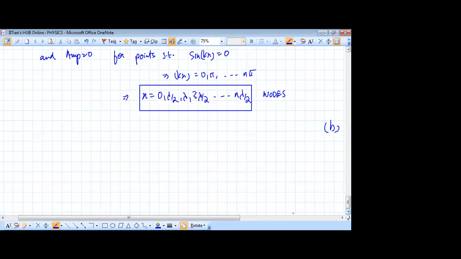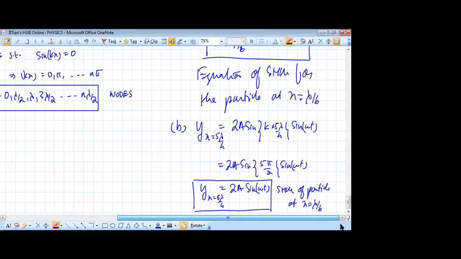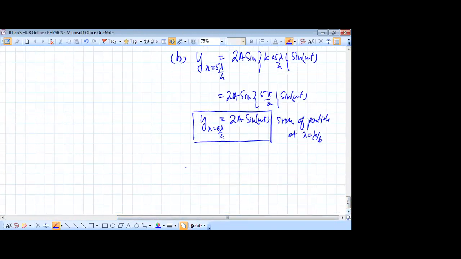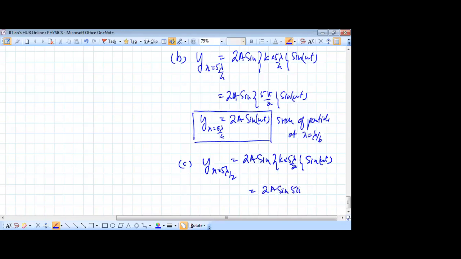Similarly, 5 lambda by 2 you will see is a node point. It is 0.